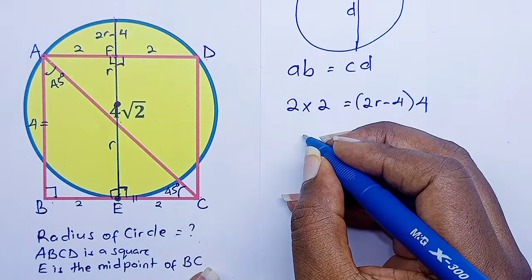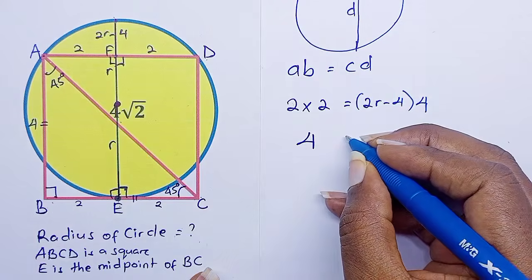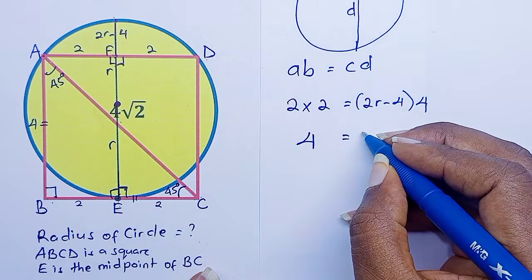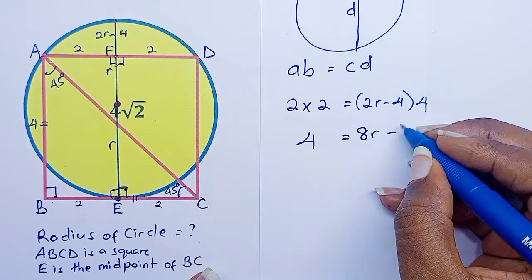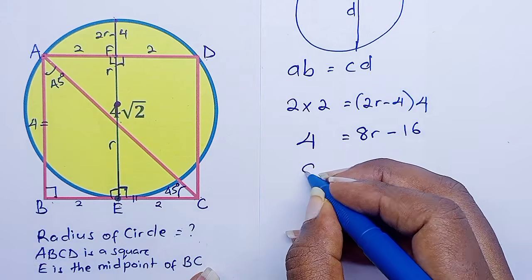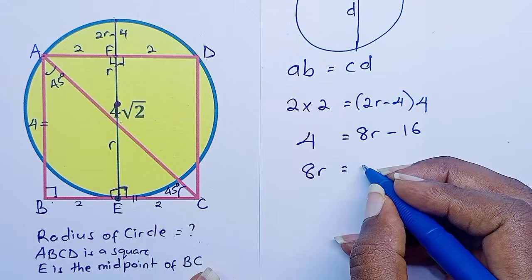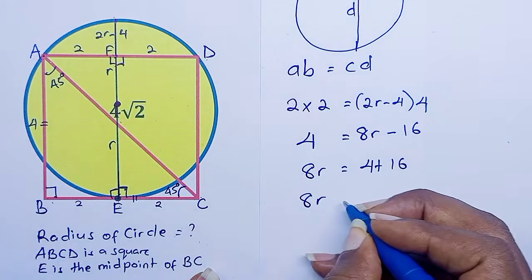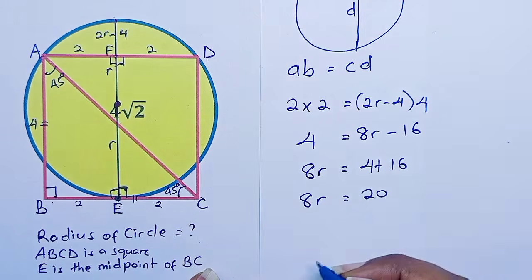Okay, so this 4 is equal to, when you multiply this into the bracket, 8r minus 16. So we make 8r the subject, so 8r will be equal to 4 plus 16, and so 8r is equal to 20.